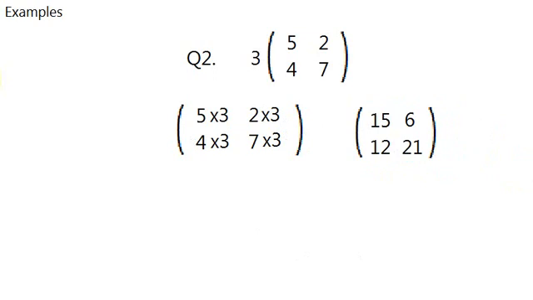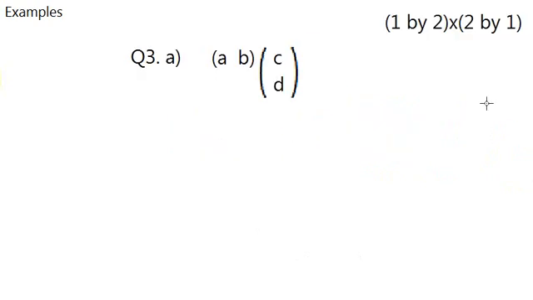I mean a matrix. Matrix by matrix multiplication is the most important because it has the highest chance of being chosen by examiners for exam topics. In question 3A, we're going to do a 1 by 2 times a 2 by 1 matrix. Looking at it, as we have proven last time, if we treat them as drawers, then we have to multiply.